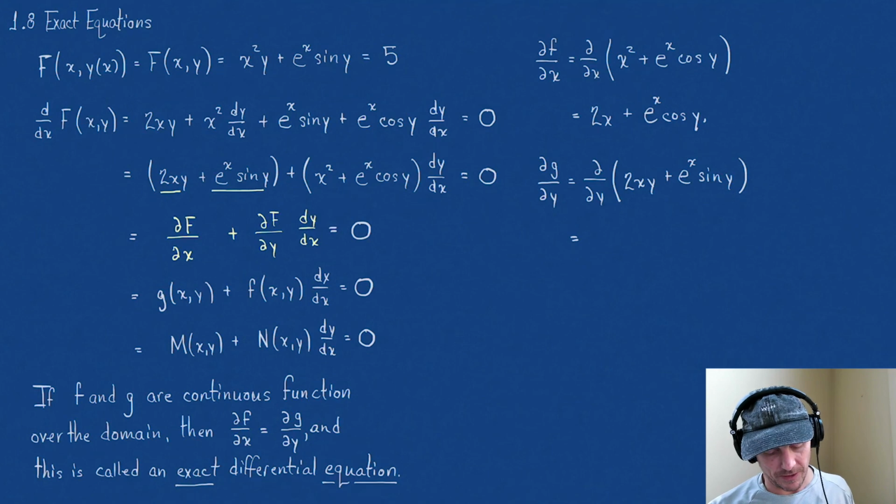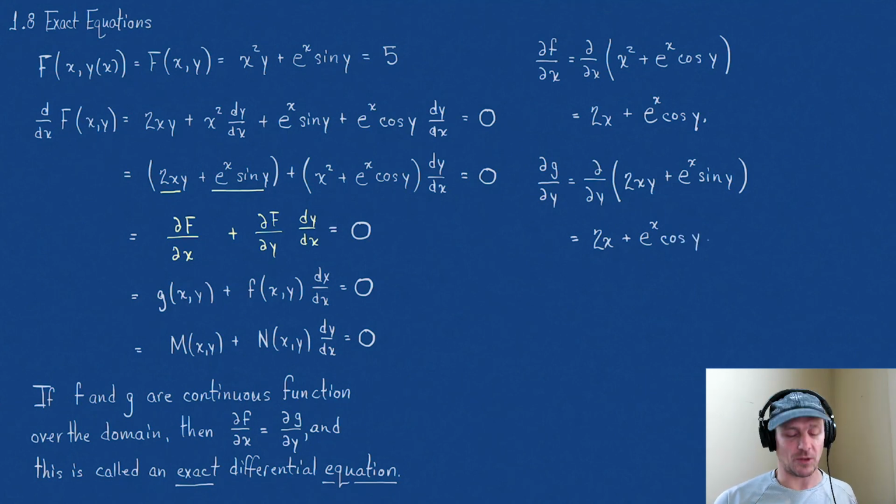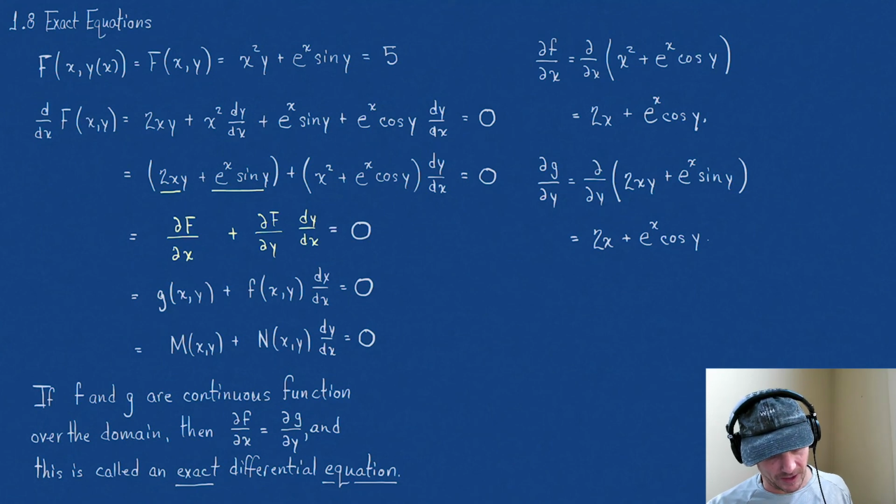Well, for the derivative of 2xy, remember y is the variable, so this is going to give me a 2x, and then y is the variable, so this is going to be plus e to the x, since the derivative of sine is cosine of y. And sure enough, we got the same answers twice. So we could say this is an exact equation.